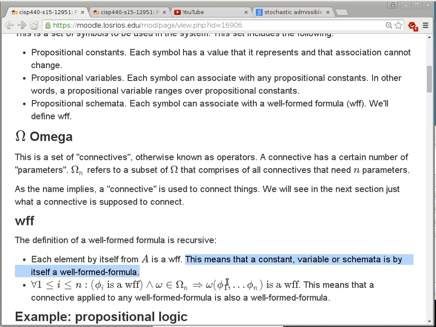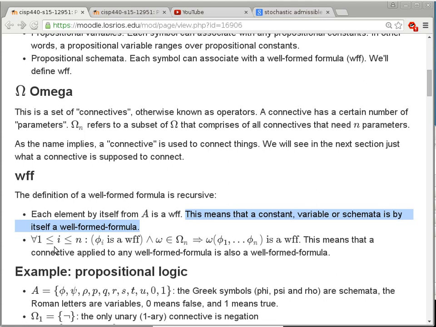But on the other hand, if you use a connective from the omega set, anything that you can make out of a connective is also a schemata. So what this is really saying is, for all i between 1 and n, if phi subscript i is a well-formed formula, and omega itself is a symbol or an element in omega n, then this is also a well-formed formula.